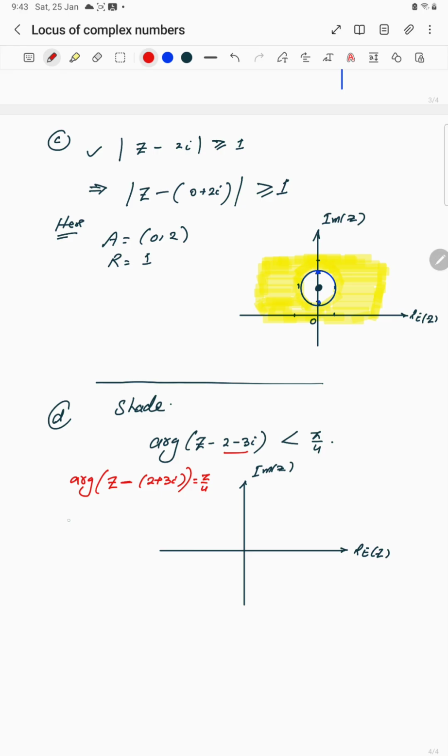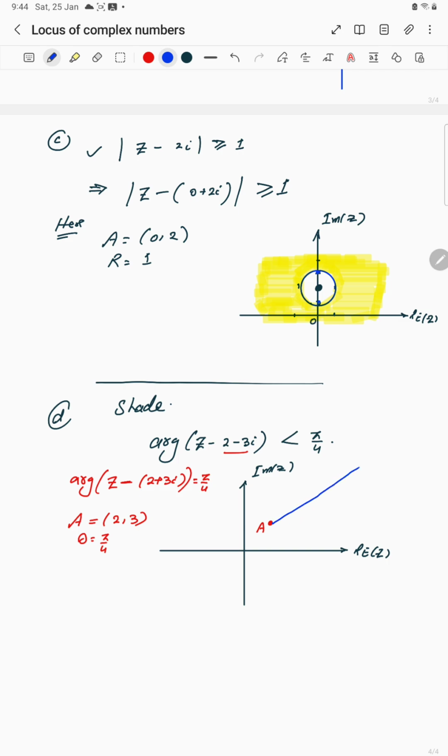So it means the fixed point from which you need to start the angle is 2 comma 3. Say 2 comma 3, positive here. This is A. And theta is what? Pi by 4. So from A to z, you will draw a line from this fixed point.